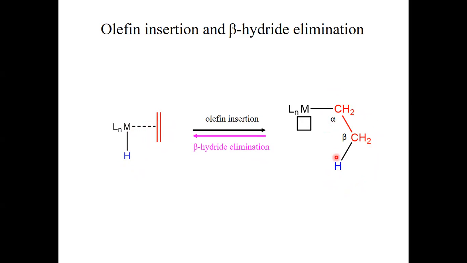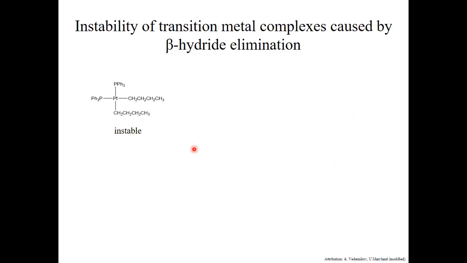In this example, it's this hydrogen here. Why is this a beta hydrogen? Because our alkyl group has two carbon atoms. The carbon atom attached to the metal is called the alpha carbon, and the second carbon atom is called the beta carbon, and the respective hydrogen is then a beta hydrogen, which gets eliminated in the reverse reaction.